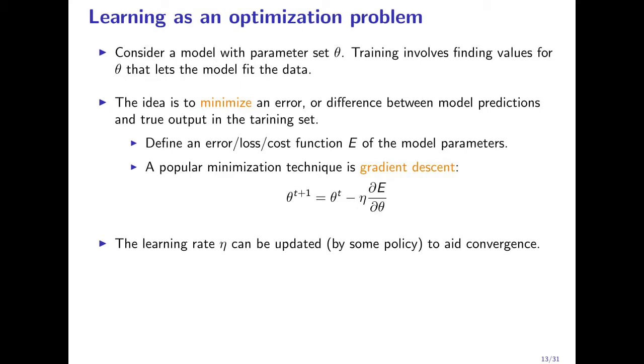So this is also why we usually update the learning rate as these iterations progress, and this should help with convergence. Now, the useful thing about reminding yourself that you're busy with an optimization problem is that you can fall into all the pitfalls of optimization.